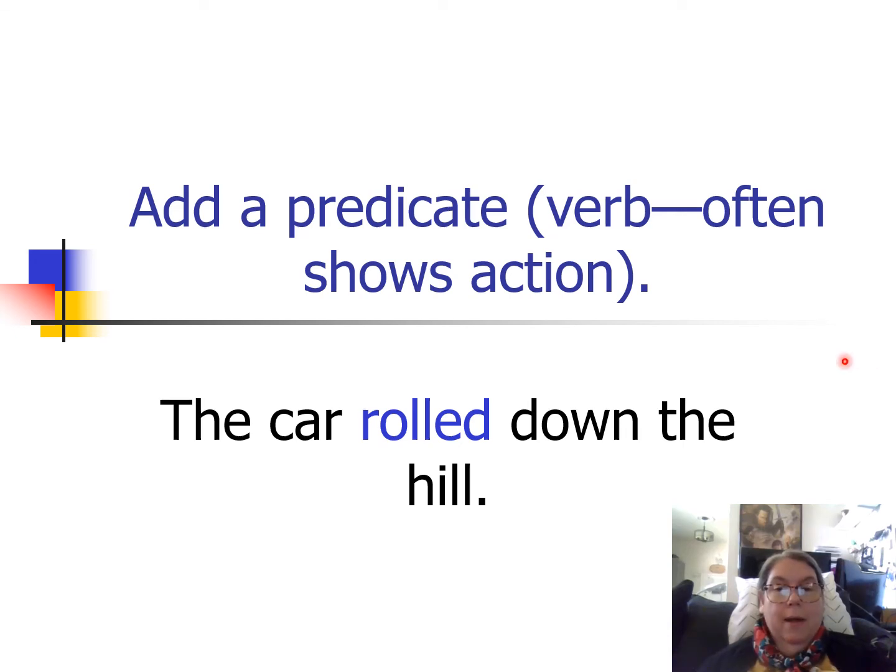If you add a predicate, it's going to show action many times, not always, but it does clarify what's going on in the sentence. "The car rolled down the hill." Now I have an action. I even have a concept of time because it's ending in -ed, so it must be sometime in the past.